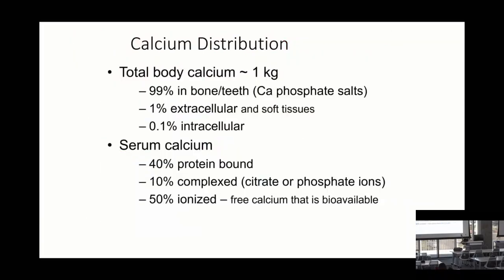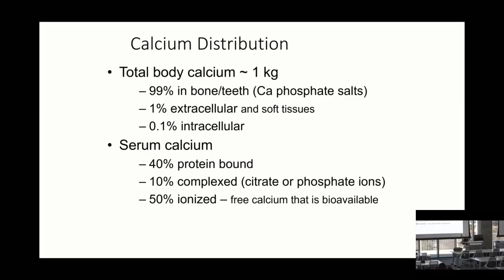Okay. So distribution of calcium in the body. Total body calcium, about 99% is found in the bone and the teeth. As you can imagine, most of the calcium is in the bone and teeth, and it's calcium phosphate salts. We talked about hydroxyapatite. And then about 1% is extracellular and soft tissue, and only about 0.1% is intracellular.